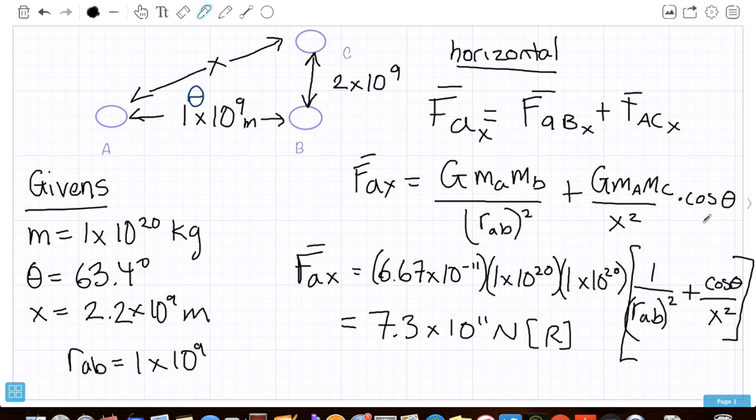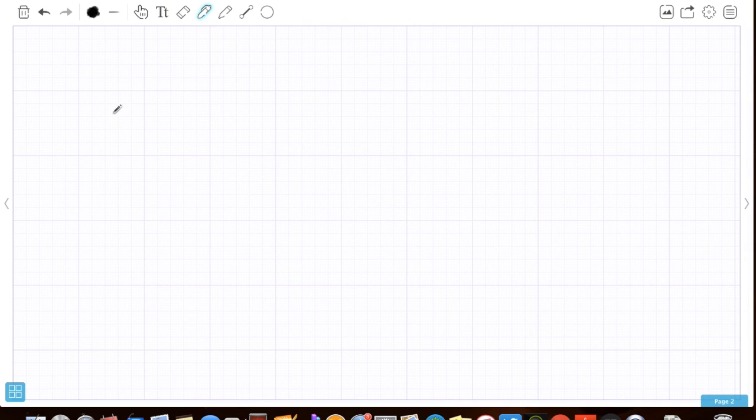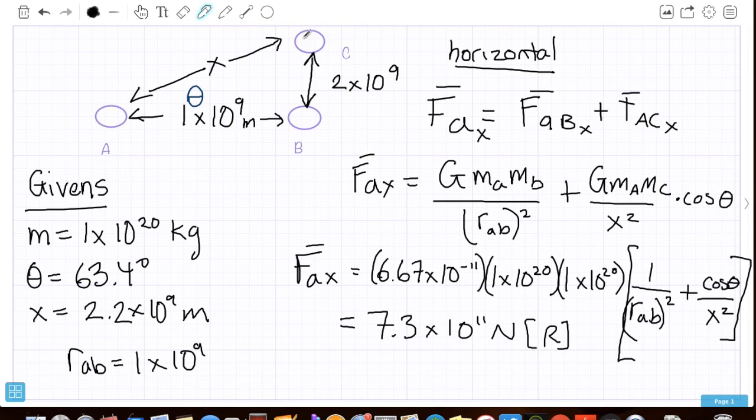Okay, so let's look at what's happening in the vertical direction. In the vertical direction, we only have this interaction because B cannot pull on A up or down. It's only C which is pulling on A up. So we're going to have a similar statement here without the first term.